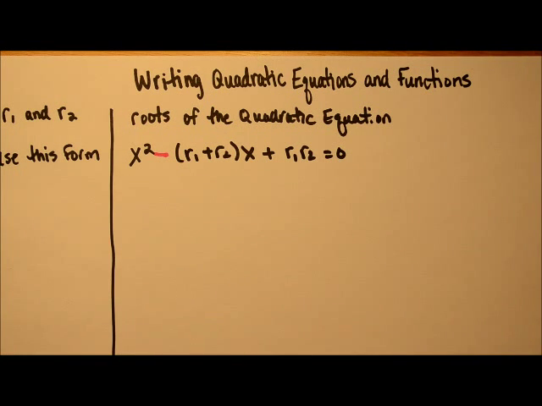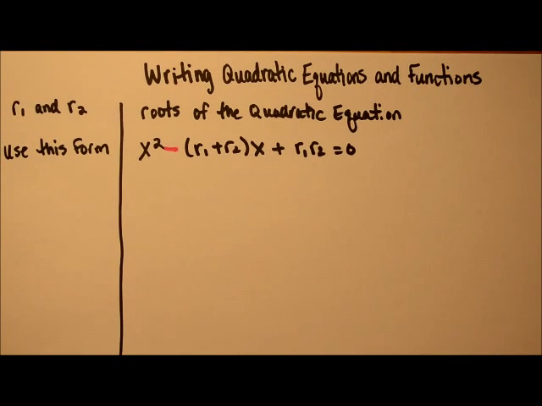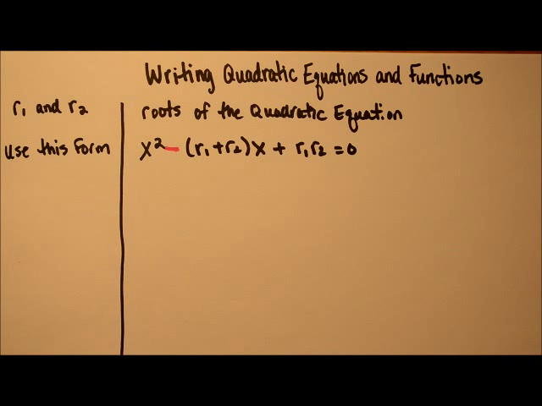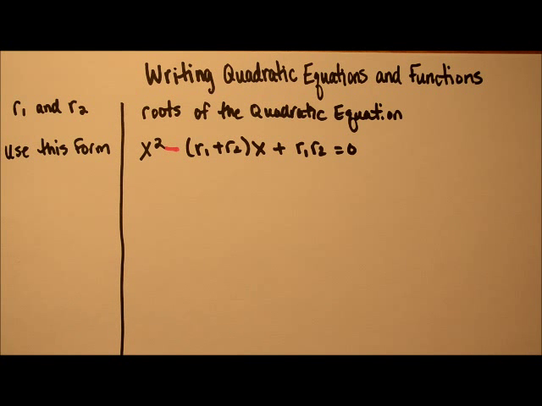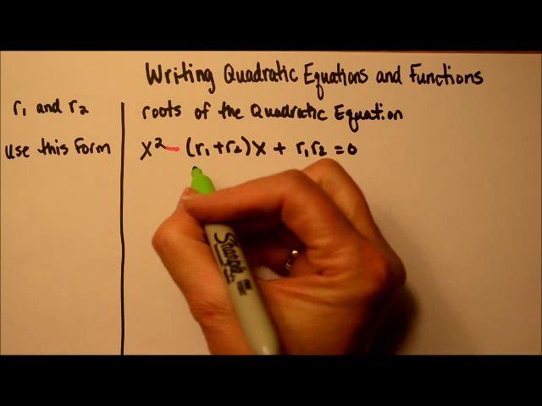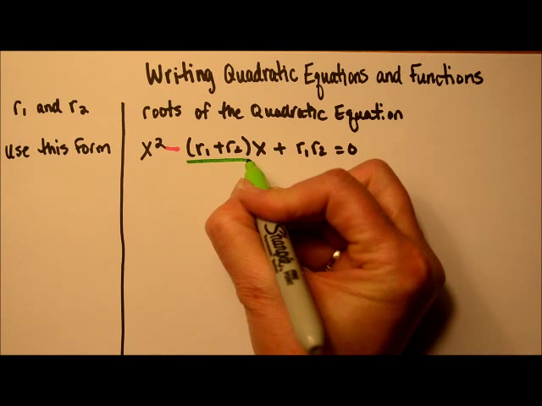So that is the formula for writing a quadratic equation. I have R1 plus R2, and R1 times R2. Those are the two pieces that we really have to pay attention to.